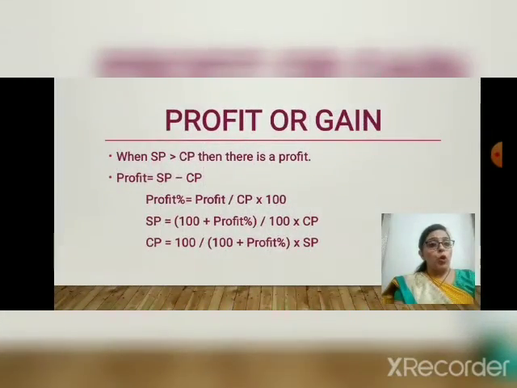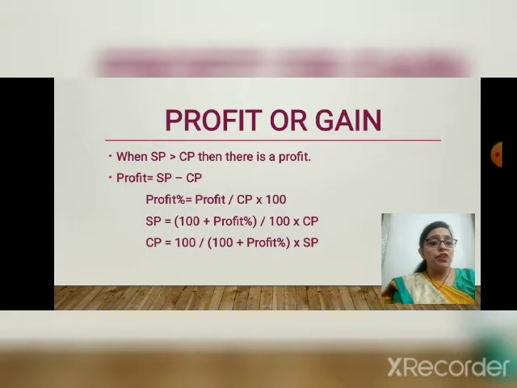And profit or loss, profit or gain. Now, how can we say we are in profit or loss? Another word for profit is gain. So how can we calculate it? When selling price is greater than cost price, then there is a profit. Suppose I have purchased a pen for rupees 10, and I sold it to my friend for rupees 12.